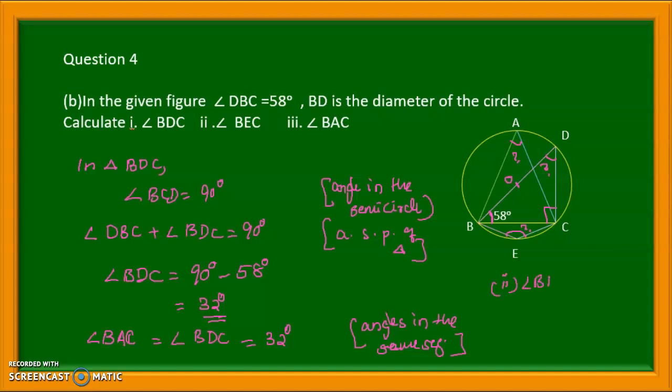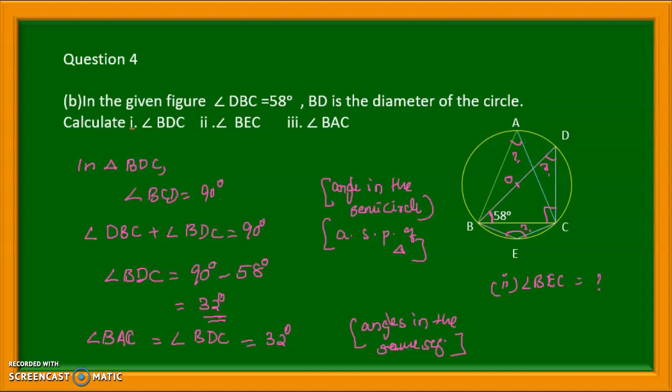Angle BEC. How can we calculate this? So look into this case. ABEC is a cyclic quadrilateral. Yes. So BEC plus BAC equal to 180. Is it?